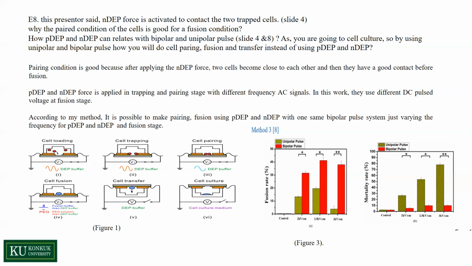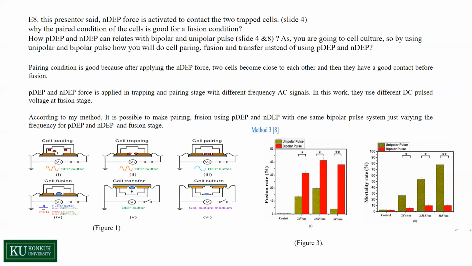The thing is that the pairing condition is important before fusion, and for this, PDEP and NDEP force is a must. And for PDEP and NDEP force, we need AC signals. So I think that PDEP and NDEP force is applied in the trapping and pairing stage with different frequency AC signals.